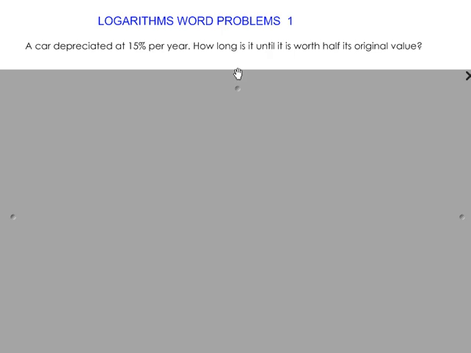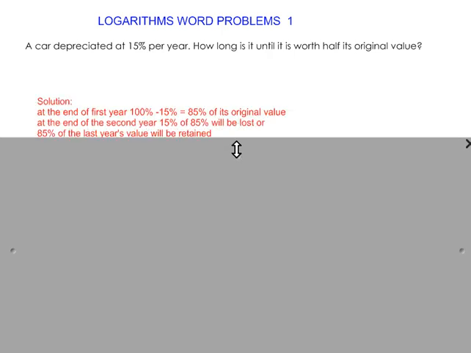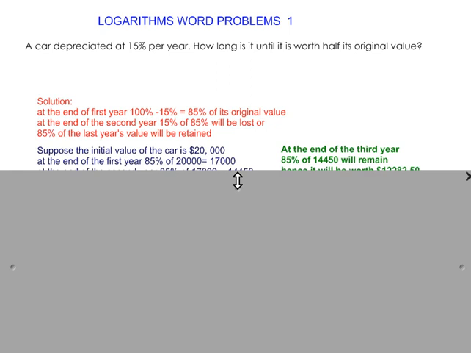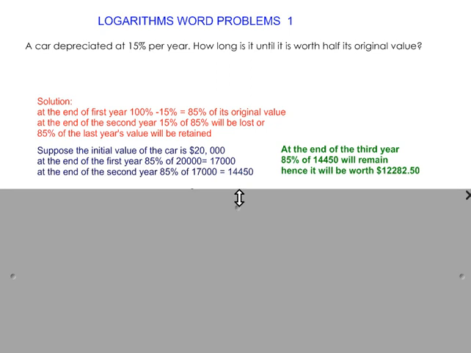So let me show you a little explanation here. So arbitrarily, we have decided that the sticker price of a car be $20,000, and this should help you to see when you have real numbers applied in the process.